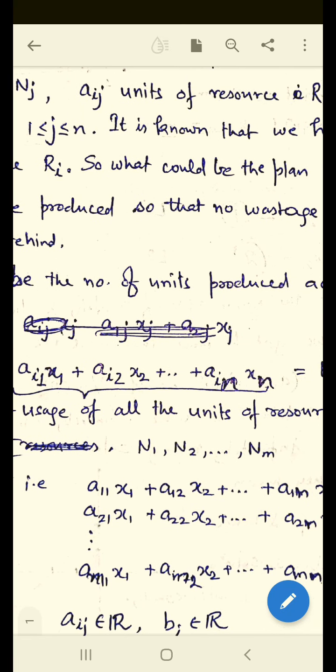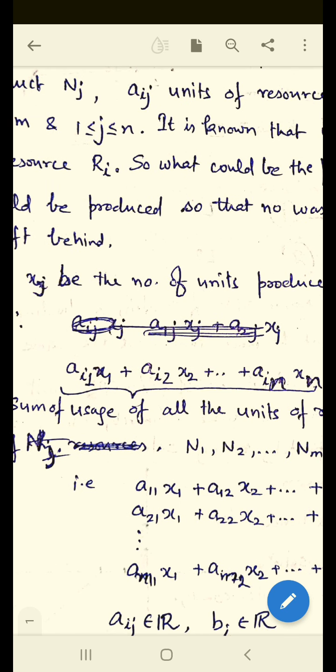ai1 x1: the ith resource is utilized to produce the first product by using ai1 units of the ith resource. Similarly, ai2 is the units of the ith resource utilized to produce 1 unit of product 2, and so on.